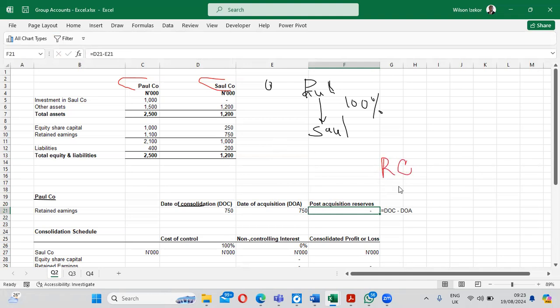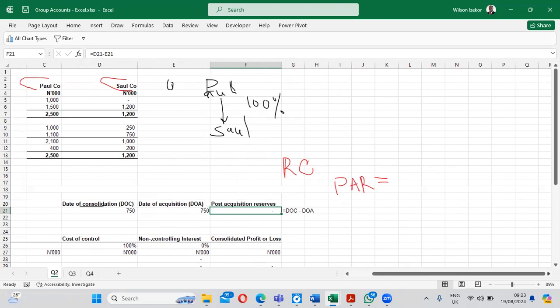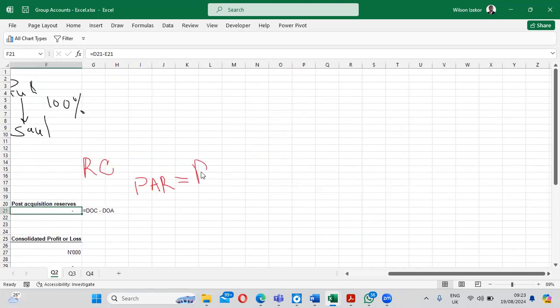Sorry, so what we are saying here is the post-acquisition reserves is simply the reserves at the date of consolidation minus the reserves at the date of acquisition.